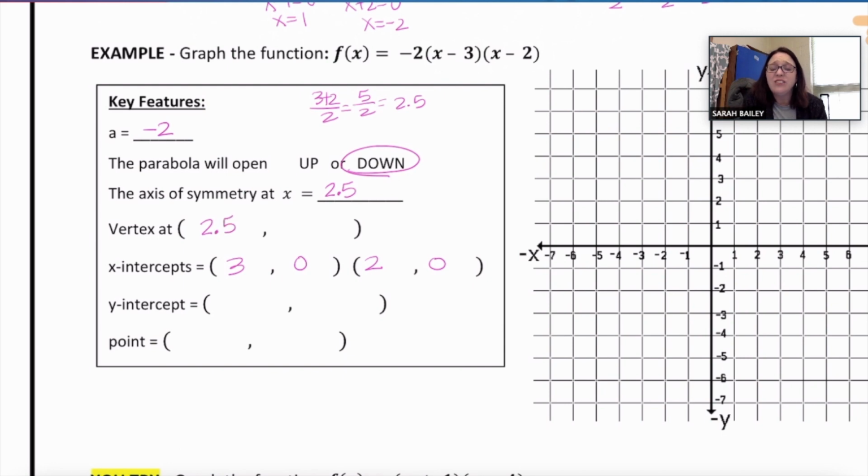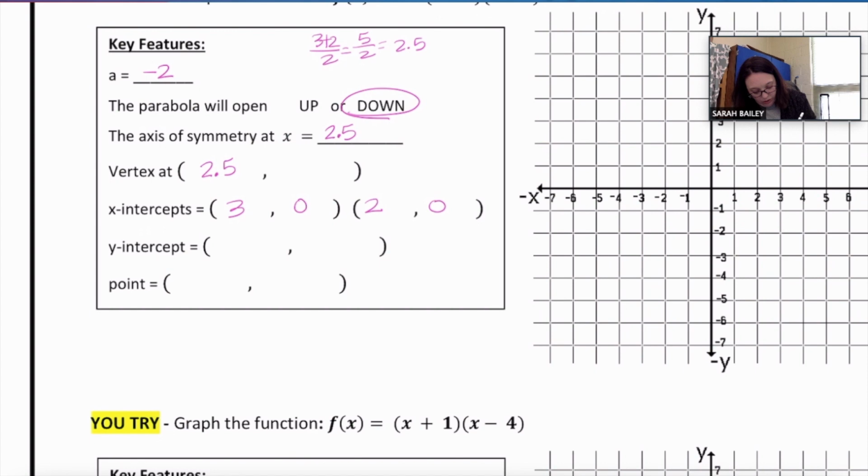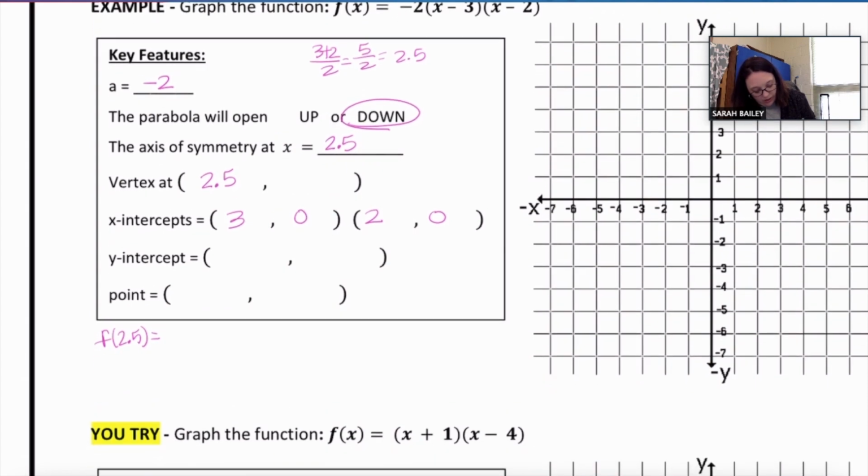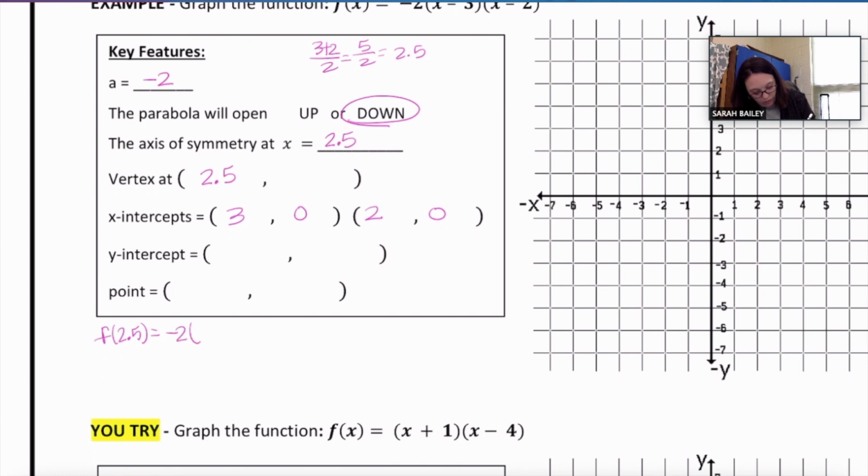So I need to find the y-coordinate of that vertex. So I'm going to find f of 2.5. I'm going to come down here and do that. F of 2.5 is going to be negative 2 times 2.5 minus 3 times 2.5 minus 2.